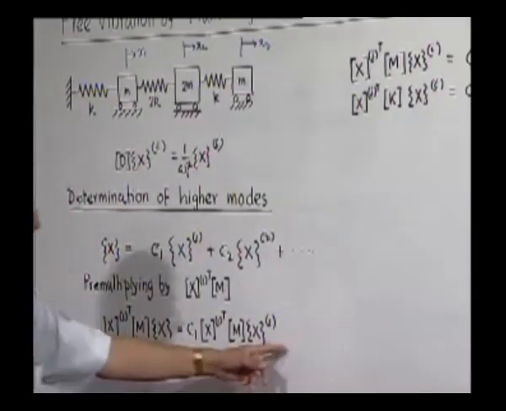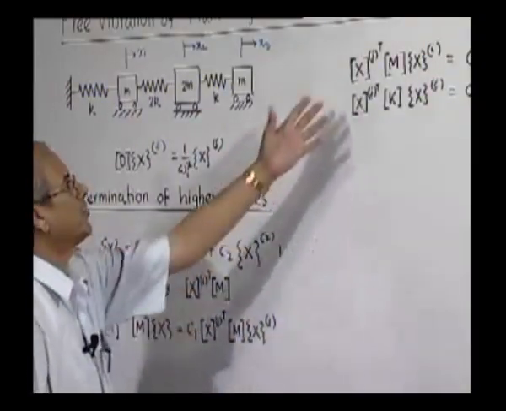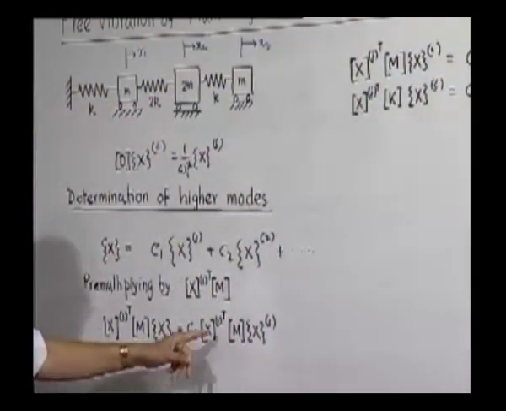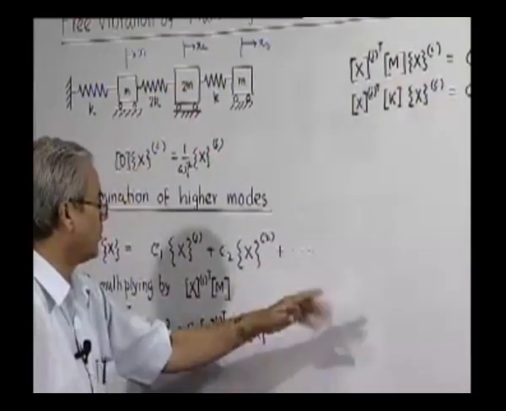All other terms will be 0 because of the orthogonality condition. This is the only term that survives, where this is 1 and this is 1. Later this will be 1, the other will be 2, and that will be 0, and so on.